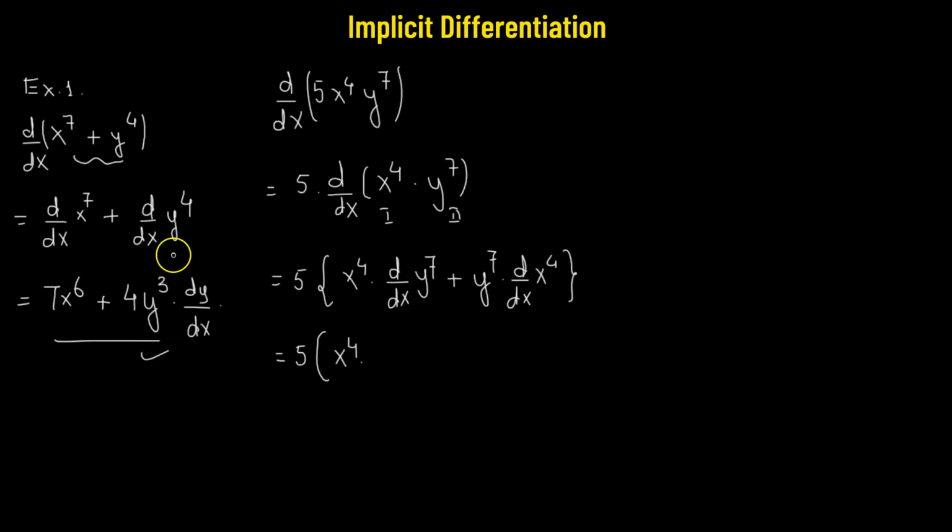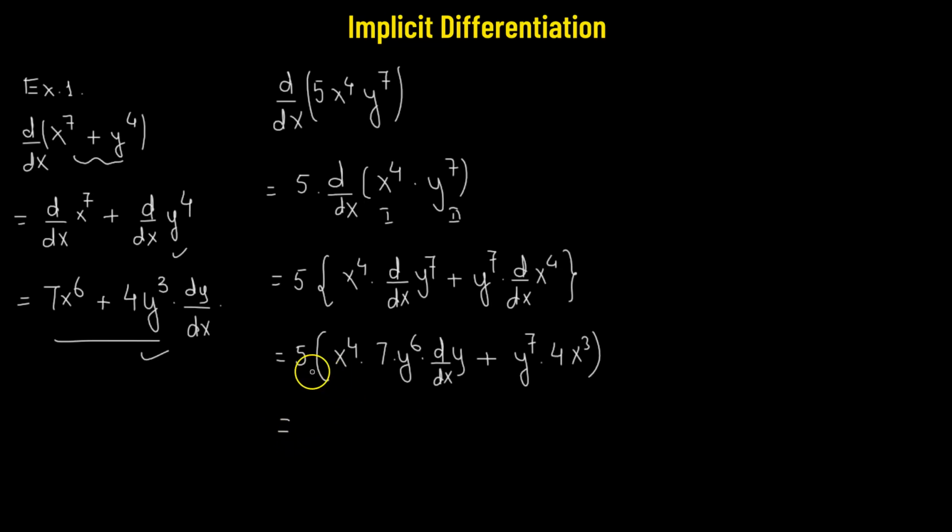Like the previous problem, we are going to use the chain rule. So we have 7 times y raised to the power of 7 minus 1, so this is 6. This is the power rule, and this will be multiplied by the derivative with respect to x of y, plus y to the power of 7 multiplied by the derivative with respect to x of x to the power of 4. So this is 4x cubed.